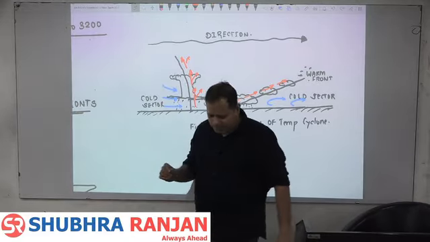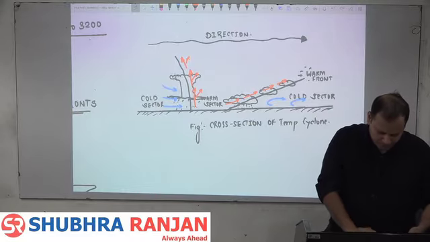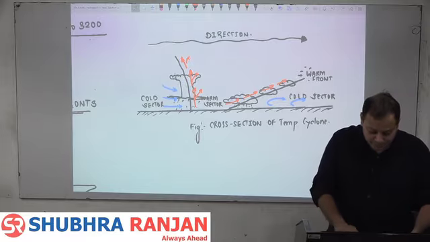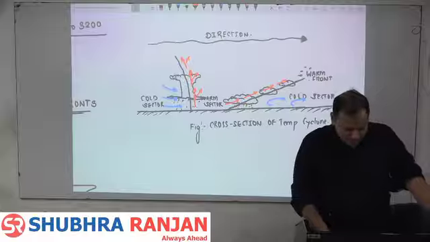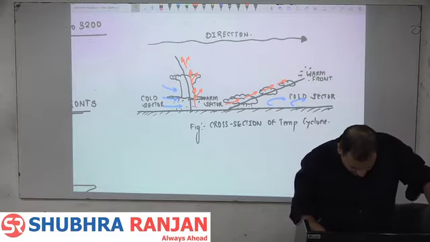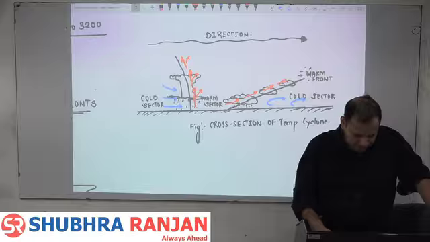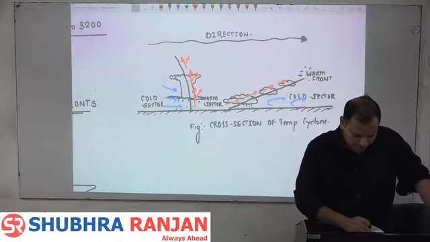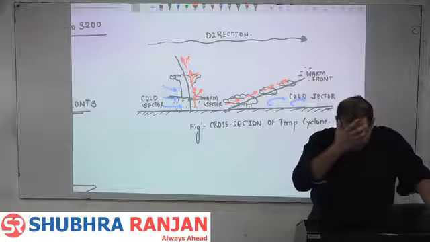Though there is no definite path, temperate cyclones generally or commonly flow from west to east, and these are known as cyclone tracks.